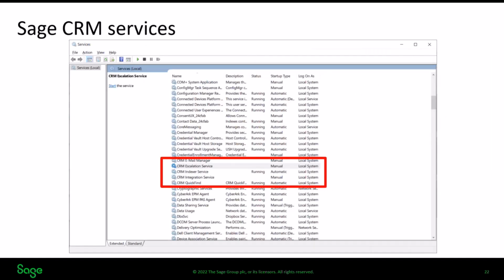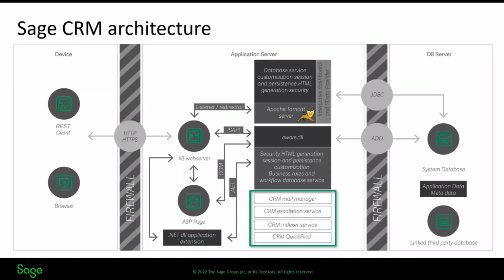You can see these amongst your services, and some of them will be running as you work. So that's really what we're thinking about there in terms of that behavior.